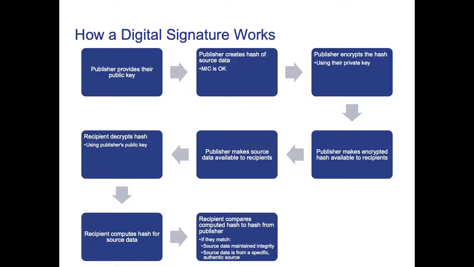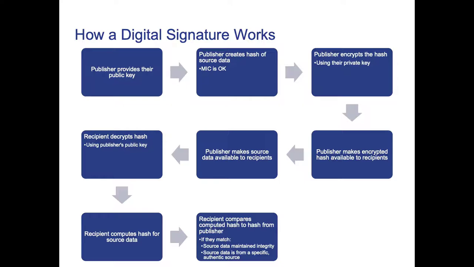This is where digital signatures come into play. In this example, we'll be using asymmetric encryption, meaning we'll have to generate a public-private key pair. Here's how it works. Starting at the top left, we make our public key available to whomever is going to be downloading our program.